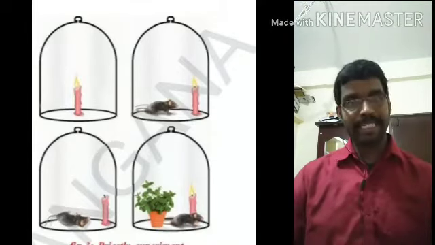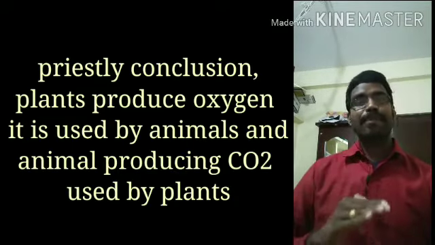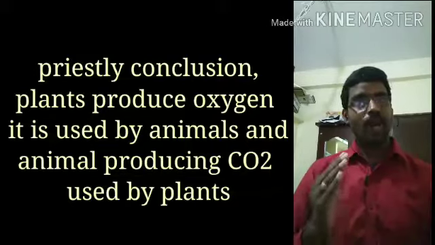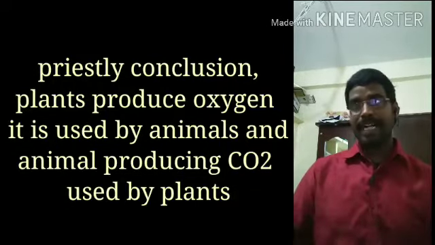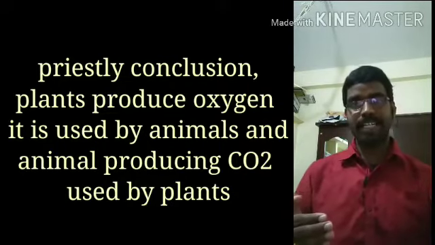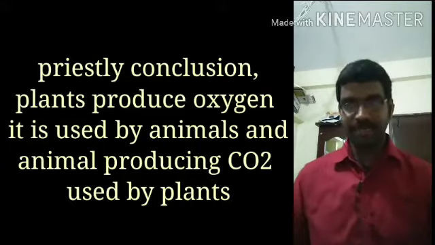When we use a mint plant in the bell jar, it produces oxygen, which is used by the mouse and the candle, so both are in a normal state. So plants produce oxygen, which is used by the candle and mouse. The candle and mouse produce carbon dioxide, which is used by the plant. So we can see interdependence in this activity.